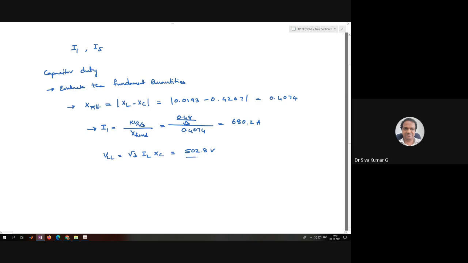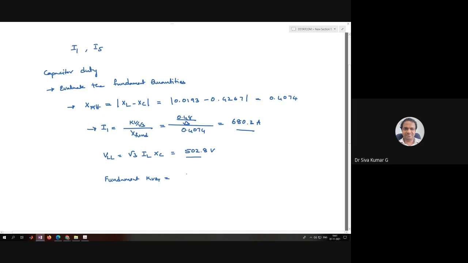By finding out this particular, we try to find out the fundamental kVAR which is supplied by the capacitor.